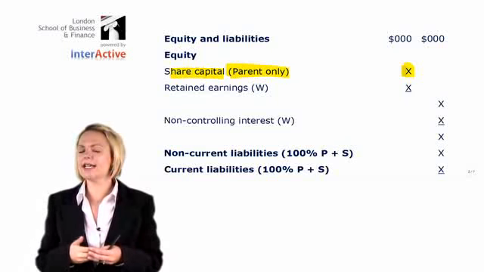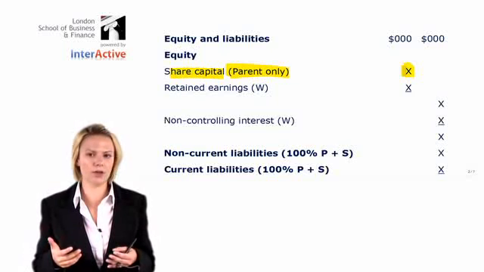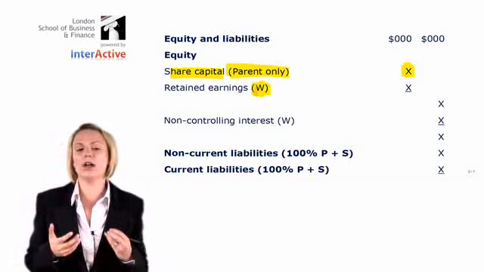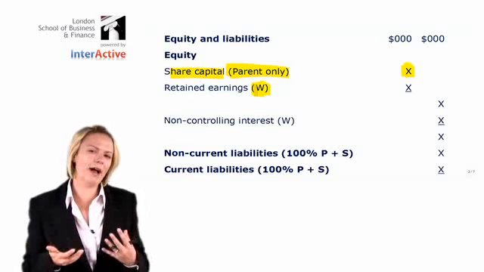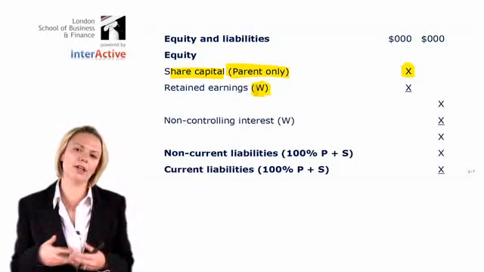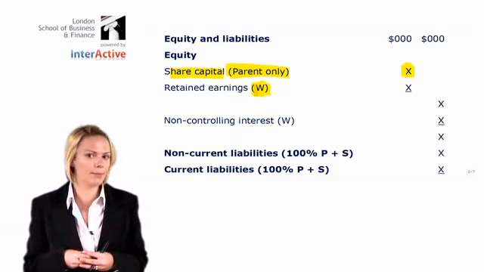We then go on to retained earnings or accumulated profits for the group. We can see that that's got a W next to it as a working. So I'll talk about that in the next session. Okay, we'll talk about retained earnings when we do a numerical example on this.